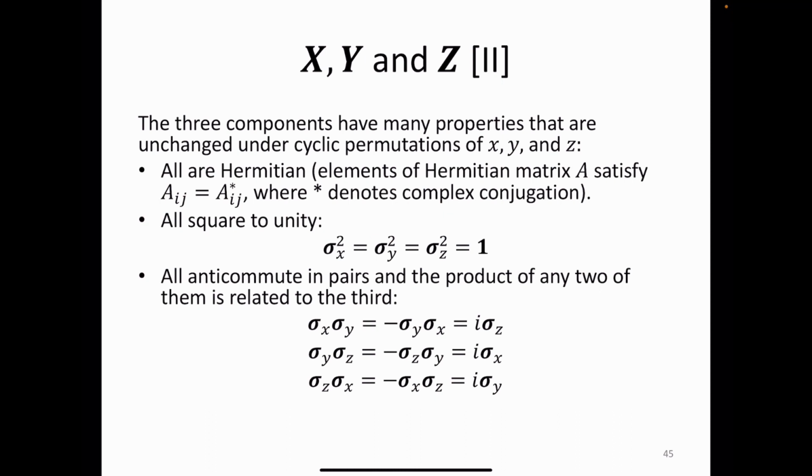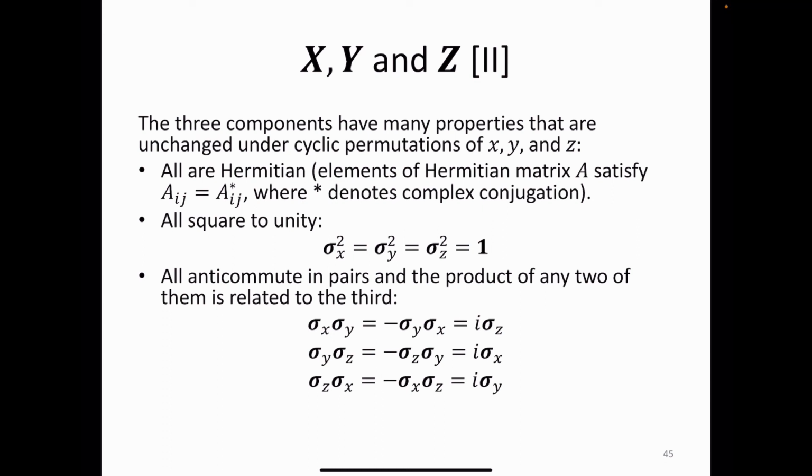And these 3 components, as just indicated, have many properties that are unchanged under the cyclic permutations of x, y, and z. They're all Hermitian. Remember what Hermitian means. Remember that star denotes the complex conjugation, where we just change the sign of the imaginary part of a complex number. All of them square to unity. So if you square sigma sub x, then you get unity, so the identity.